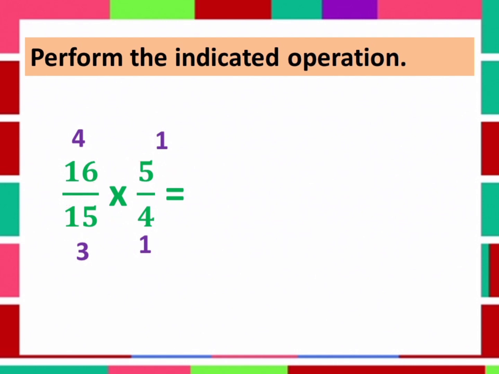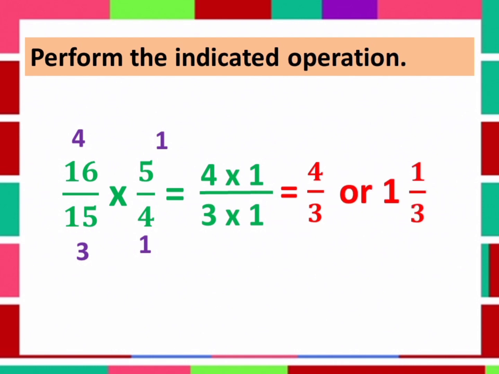Now, instead of multiplying 16 times 5 over 15 times 4, we can use 4 times 1 over 3 times 1 because we already canceled them out. So, 4 times 1 over 3 times 1 is equal to 4 over 3 or 1 and 1/3.